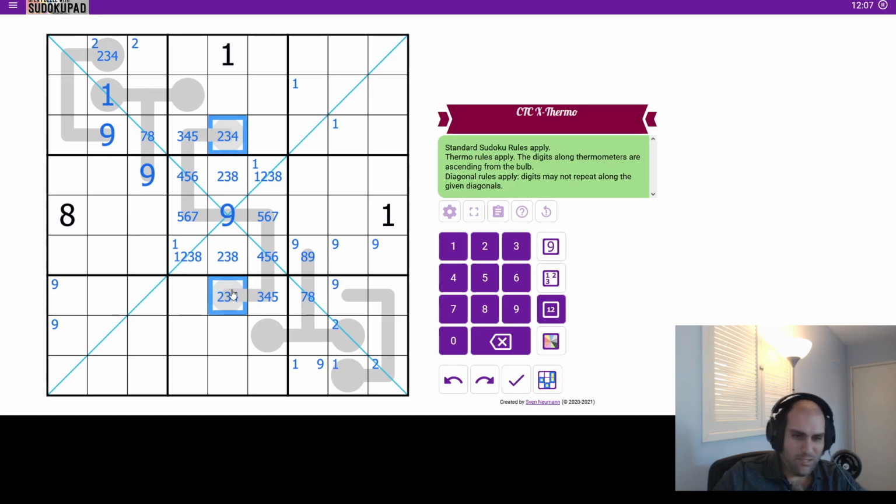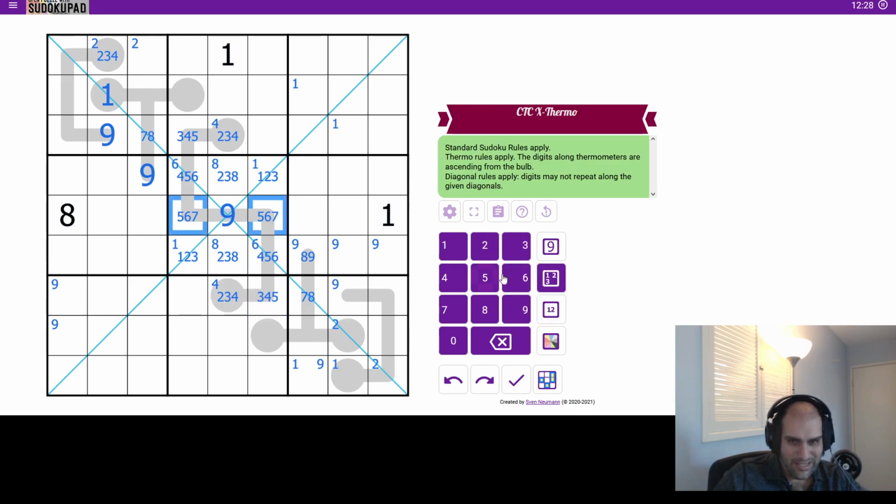That means there needs to be a 4 in one of these, because if there wasn't a 4, I would break this. So there is a 4 in one of these. There is an 8 in here. That means there is a 6 in here. Has to go 4, 5, 6. There is a 7 in here.